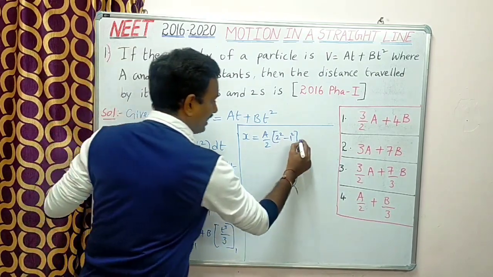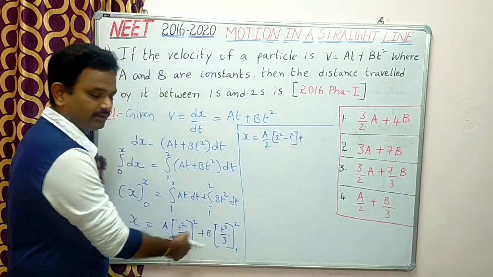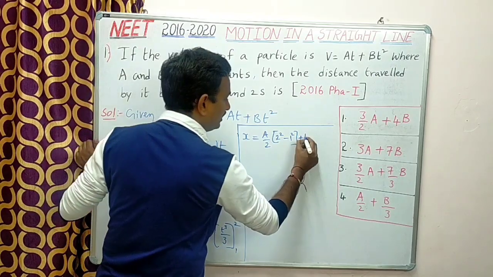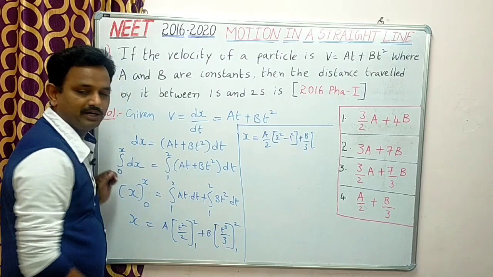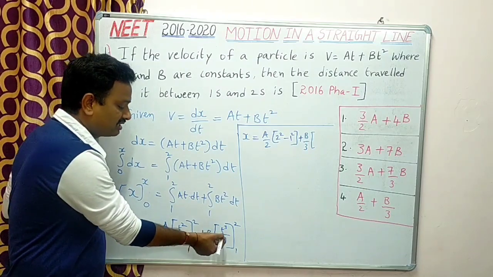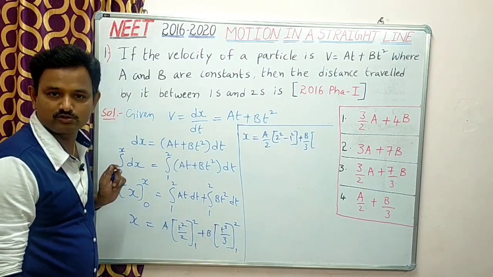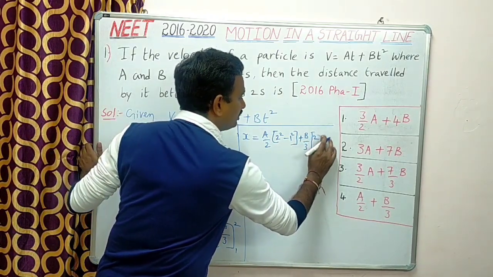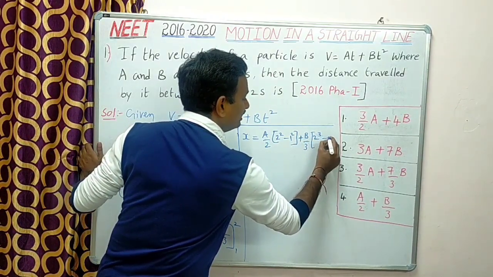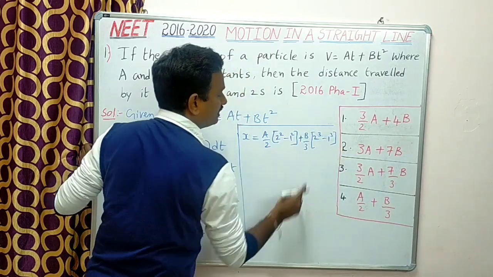Plus I will write 1 by 3 outside the bracket, b by 3. Here also I will substitute upper limit minus lower limit, that is 2 cube minus 1 cube. Okay.